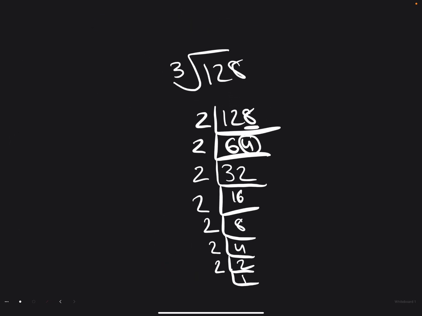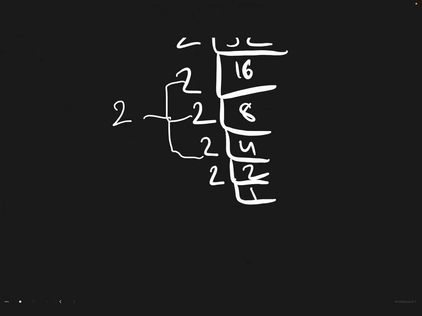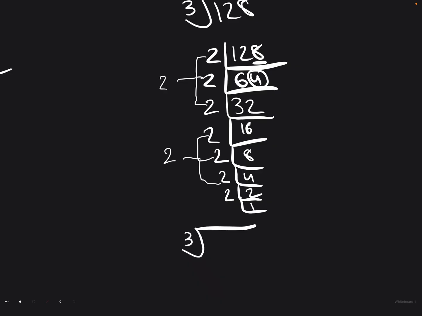Now we can try finding groups of 3 here. What this question is asking us is, it's basically saying the cube root of 2 into 2 into 2 into 2 into 2 into 2 into 2.